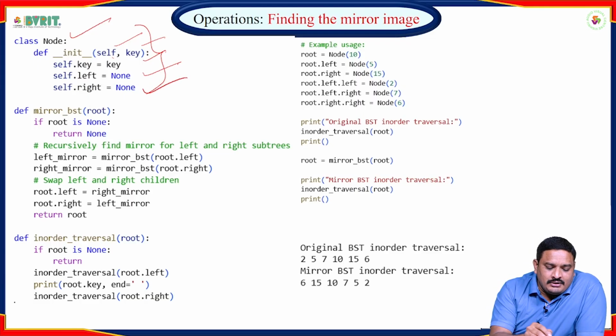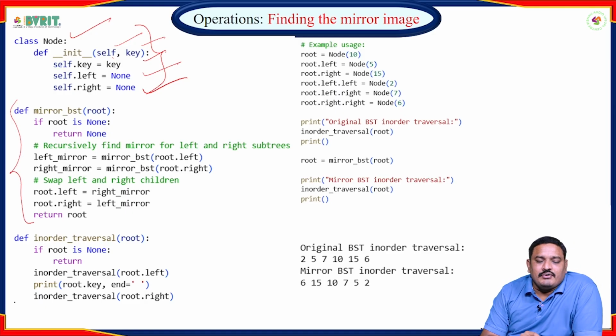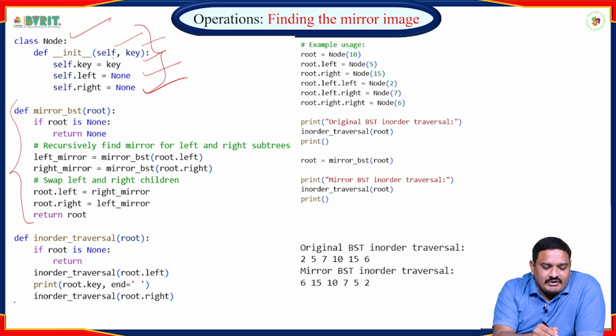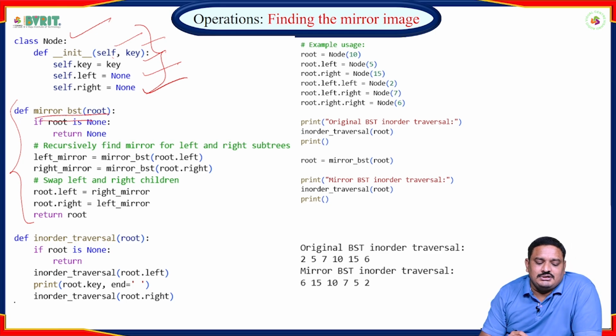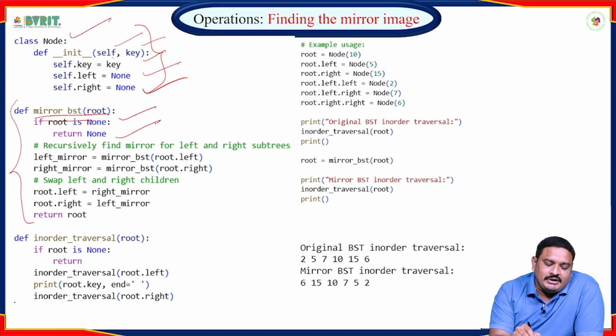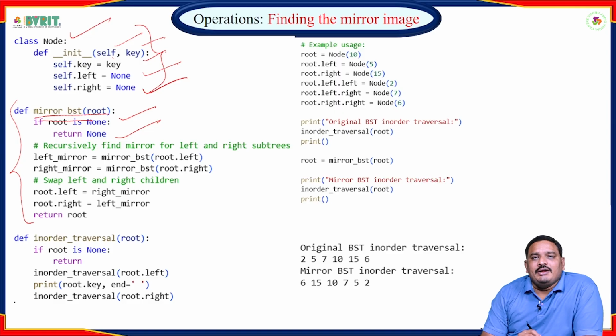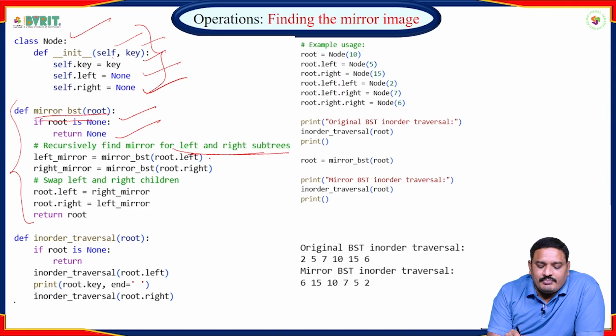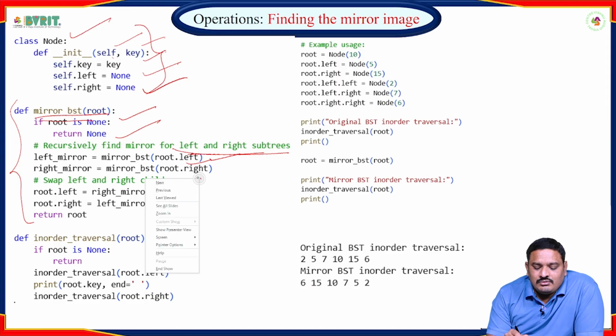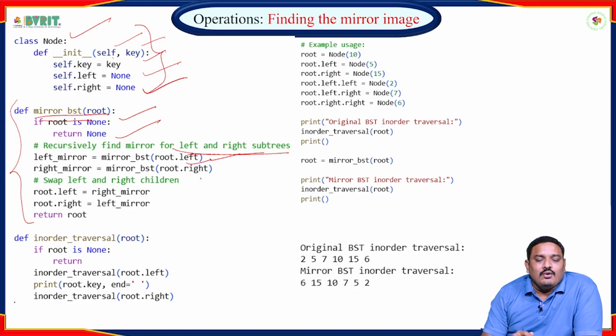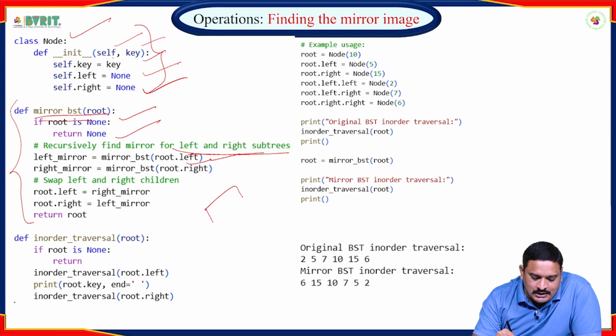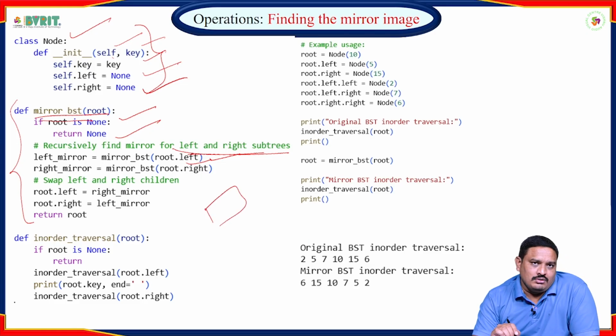After that we define the mirror image for the binary search tree. We define one function, mirror binary search tree. If the root node is none, it returns none. After that, we find the left and right subtrees: left mirror equals mirror binary search of root.left, right mirror equals root.right. Before swapping, we create another temporary root node.